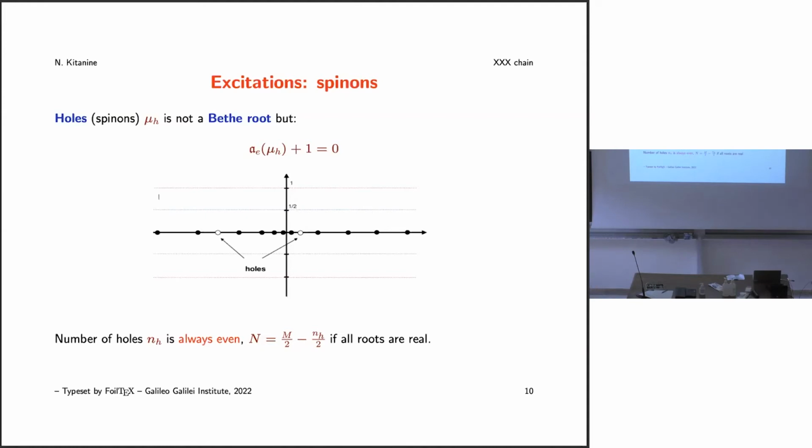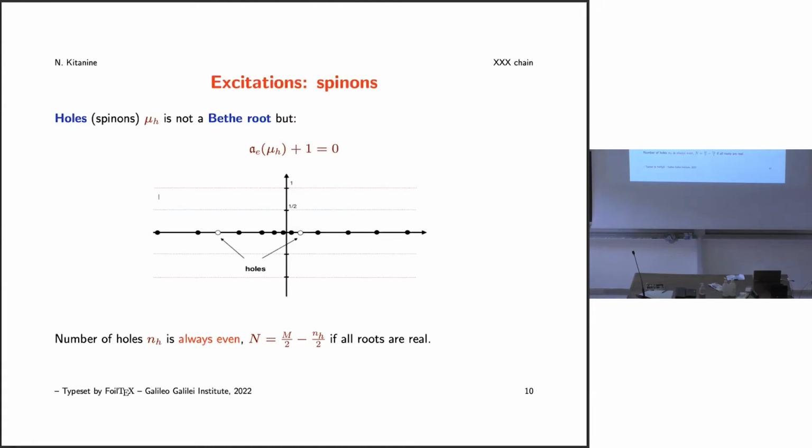In fact, you can add holes, first of all, in this completely filled ground state. But when you add holes, very important, all the roots move. It's not like you just add holes in the given set of roots and then you consider states without changing the solutions. No, everything moves, and even the number of vacancies will change.